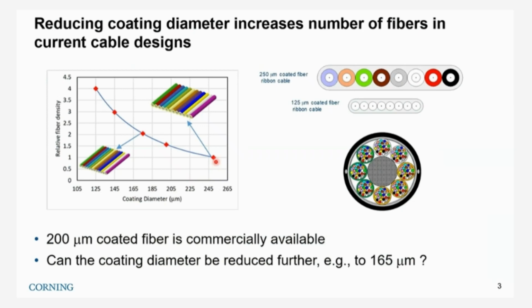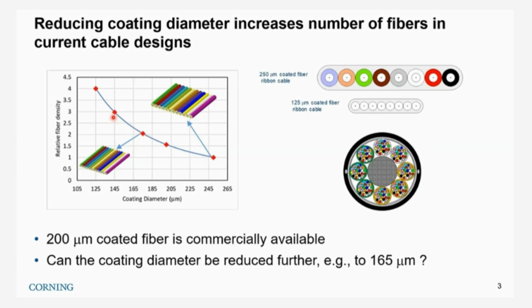So the conventional optical fiber is about 250 micron diameter. If we use this as a baseline, if we reduce the coating diameter to, for example, 175, we can increase the fiber density by a factor of 2.